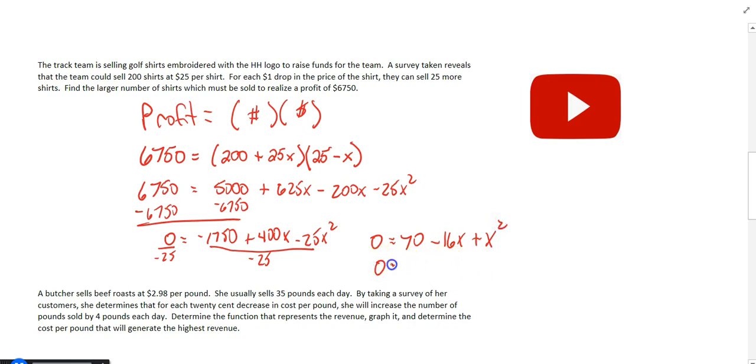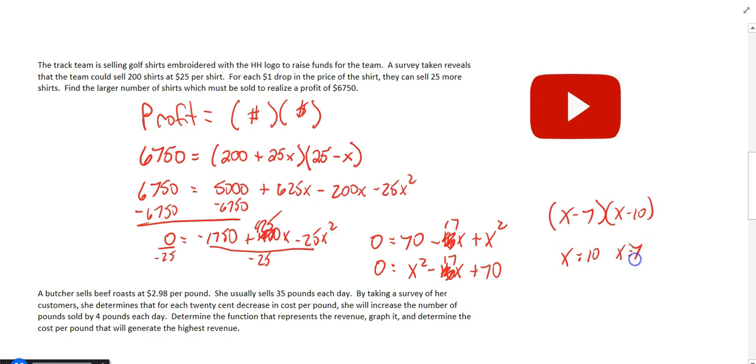So that is 0 equals x squared minus 16x plus 70. Oh, I can't add. Sorry, that's 425. That was a mistake. 425, which means that's 17. Ooh, even better, 17, because now it factors. And I can factor it into x minus 7 times x minus 10. So the answer is x equals 10 or x equals 7.